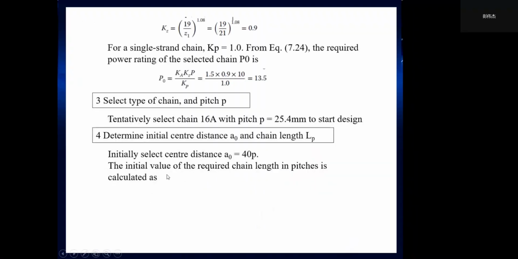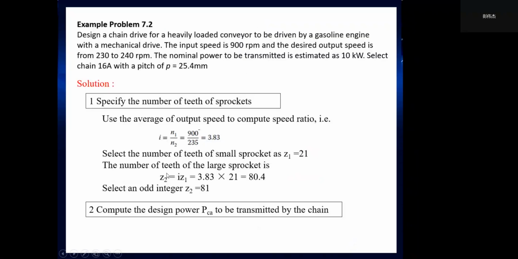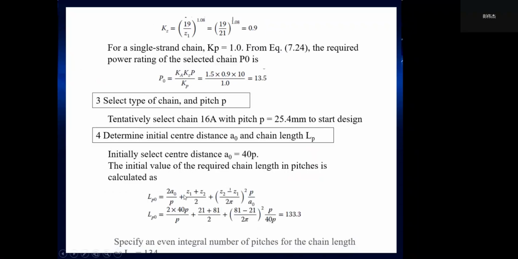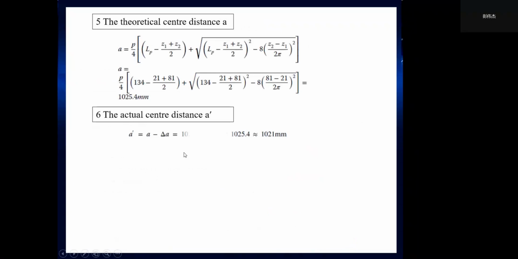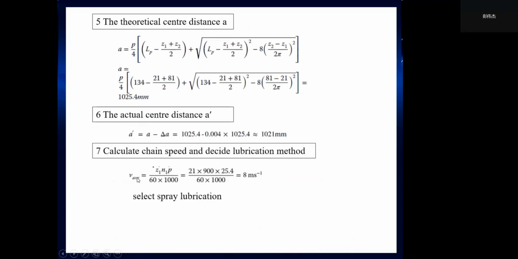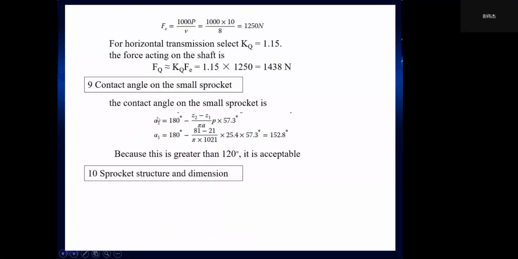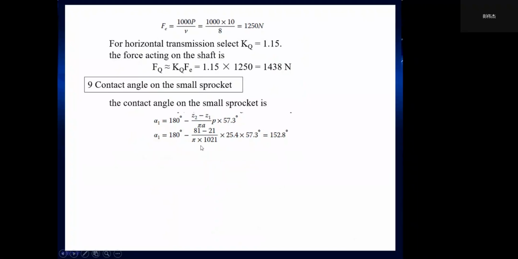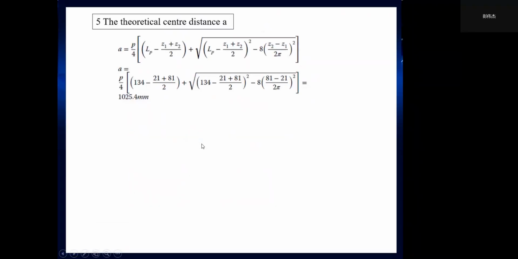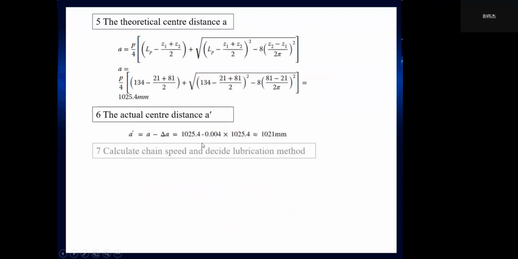The v should be less than 50 meters per second, and check that the contact angle should be larger than 120 degrees. If you satisfy this, your design is acceptable.